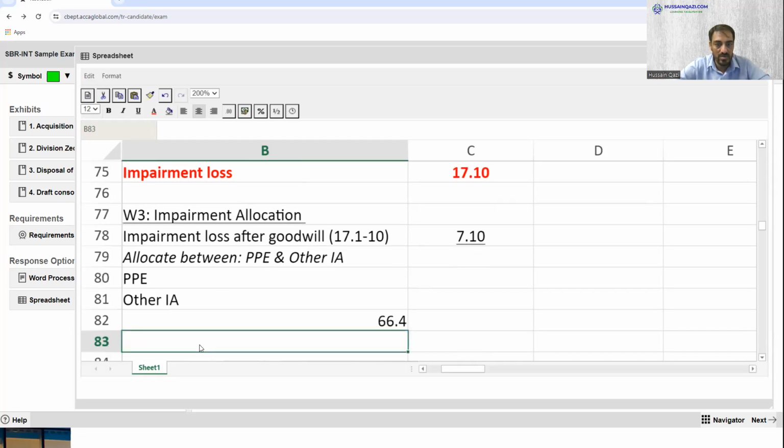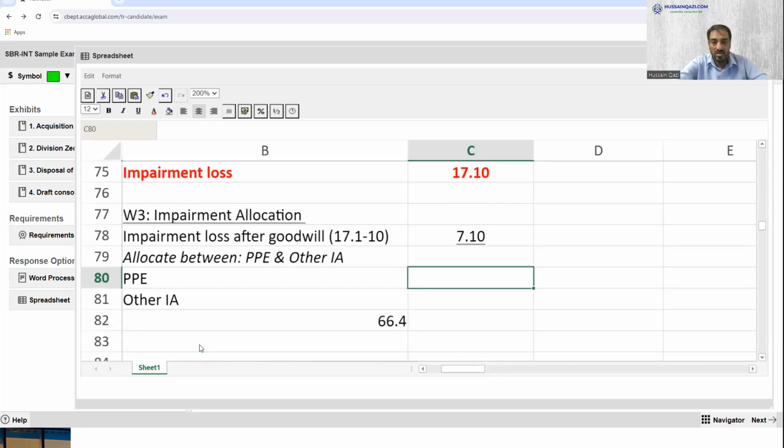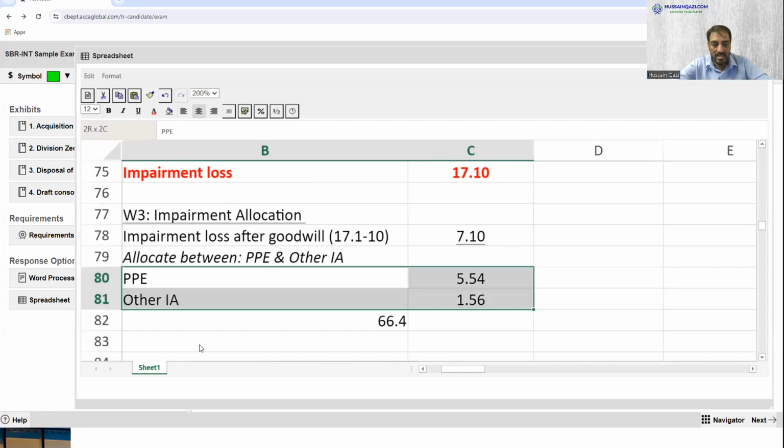This is the total value, 66.4. So it is equal to 7.1 divided by 66.4 and multiplied by 51.8, and 7.1 divided by 66.4 multiplied by 14.6. So that's the allocation.